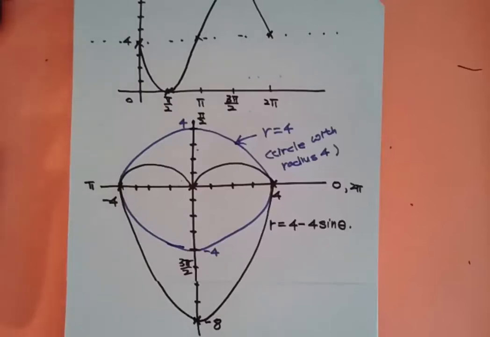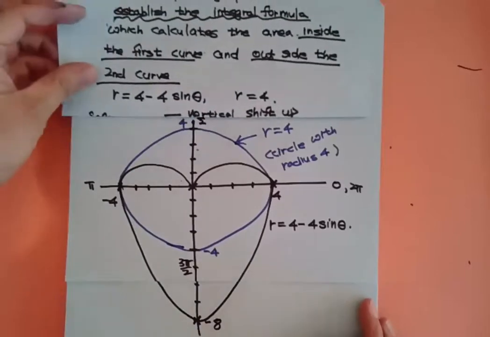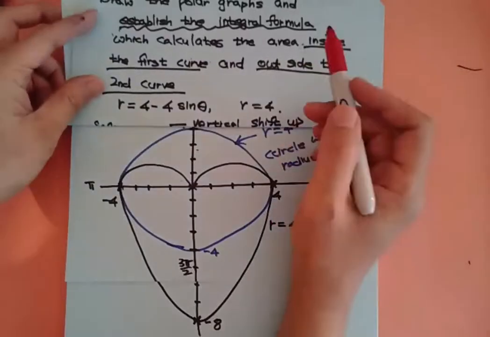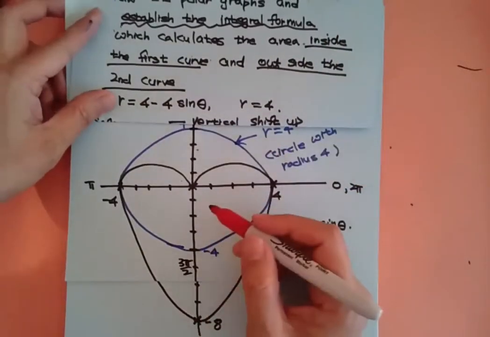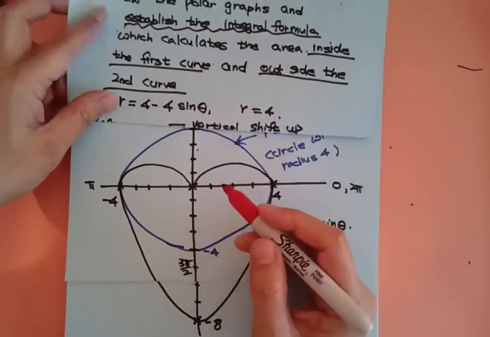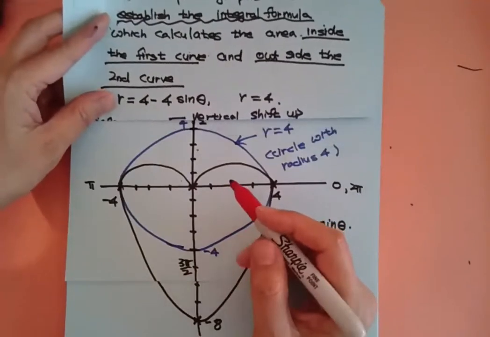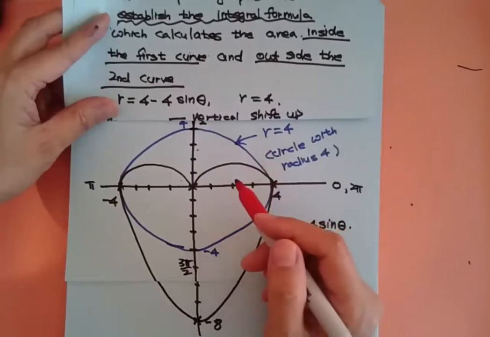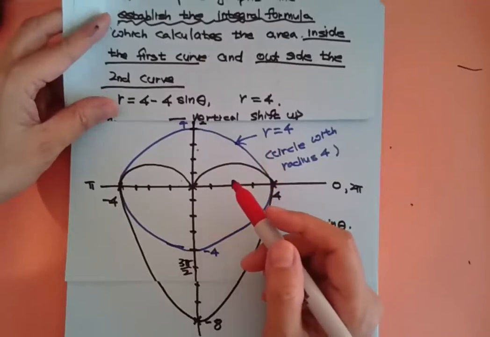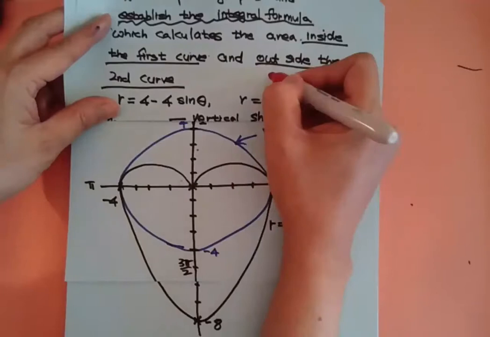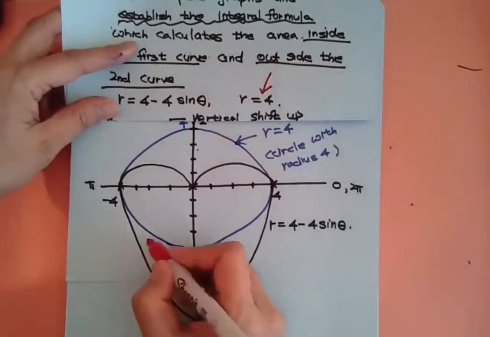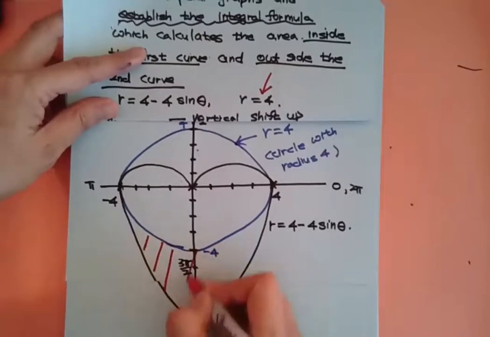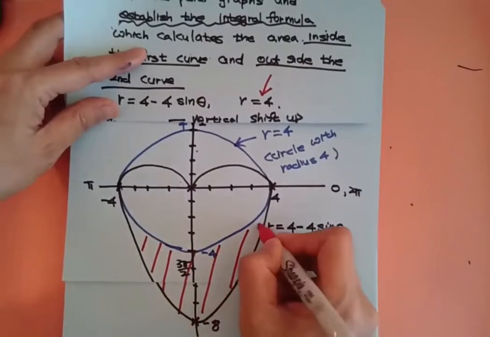In the problem, what they are saying is inside of the first curve, which is a heart-shaped curve, and outside of the second curve, so that is r equals 4. So the area we want to calculate is right here.